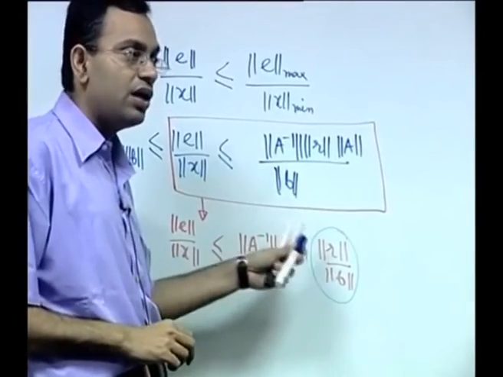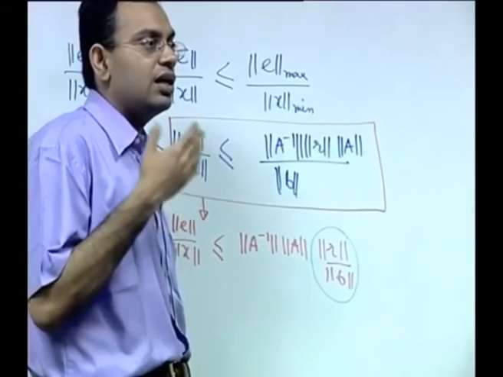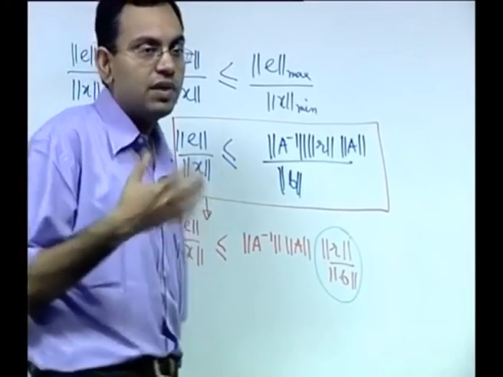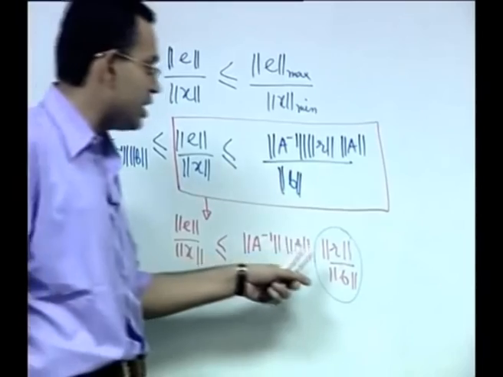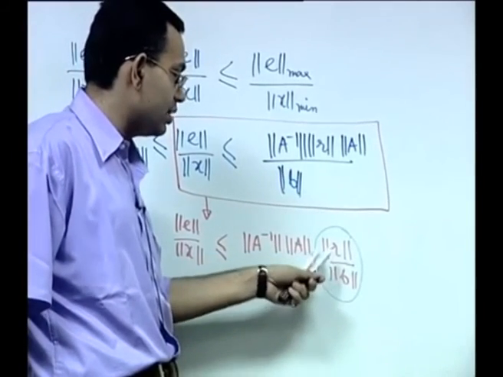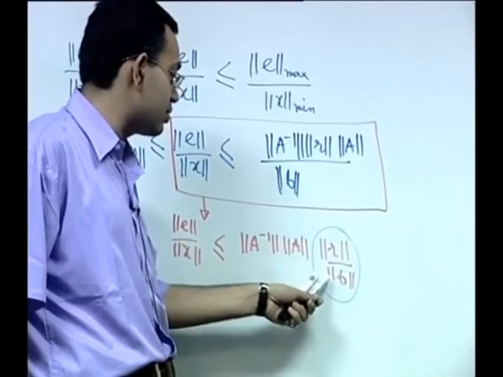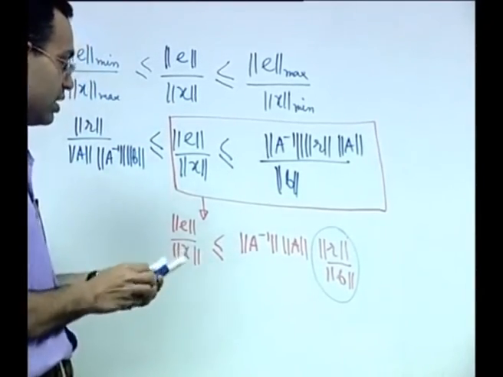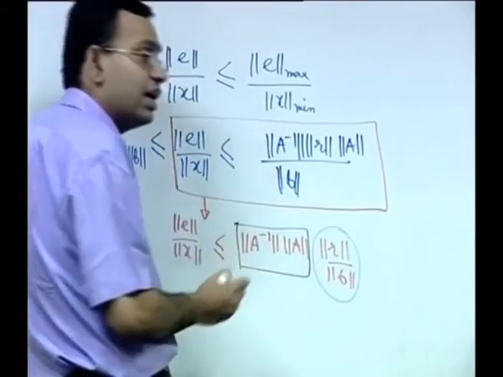So, if you have a small residual, many times we test the accuracy of a solution in terms of the residual, because if the residual is 0 then it is accurate. So, if we have the norm of the residual by norm of b small, the relative error may still be large if norm of A inverse into norm of A is large.